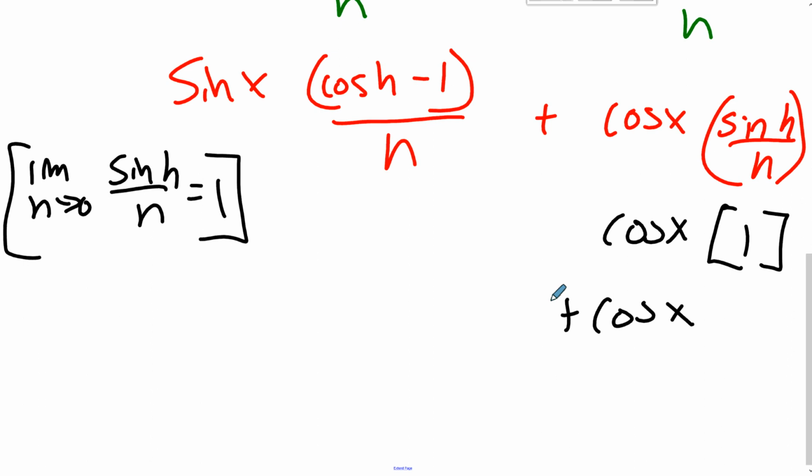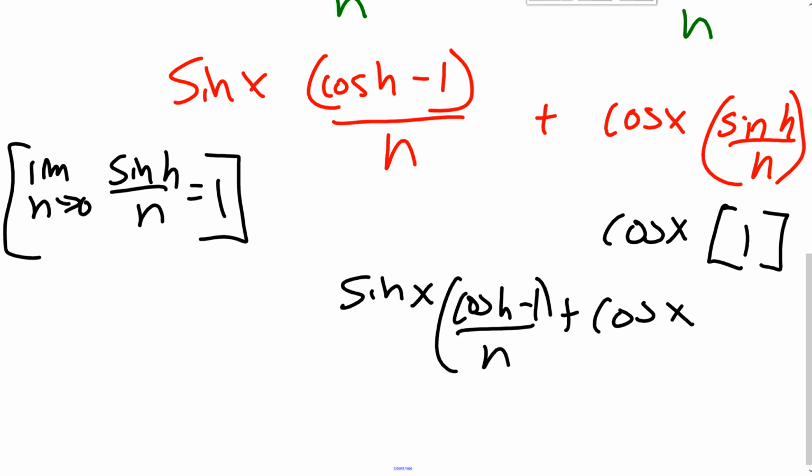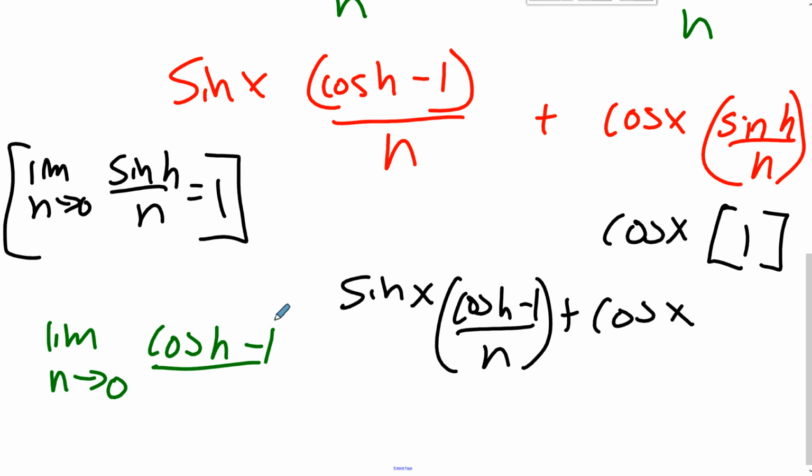So now I got rid of that h, right? And now I still have this other one. Well, there's another formula that will deal with this. It says the limit as h goes to 0 of cosine of h minus 1, all over that same angle, goes to 0.